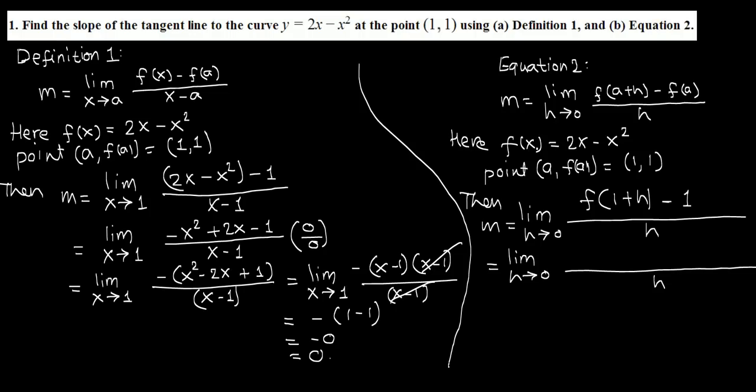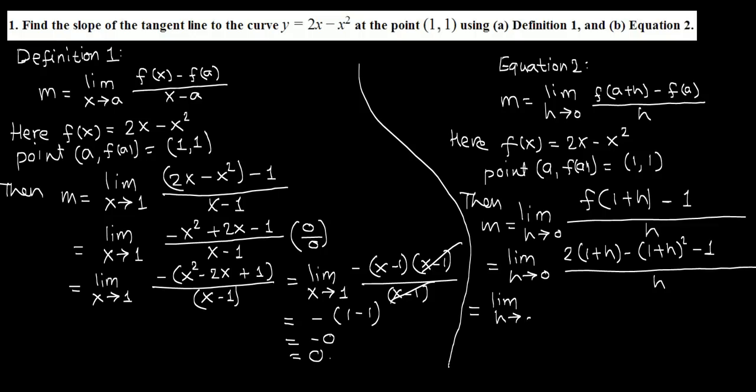We know f at any input x, f(x), is given by 2 times that input minus that input squared. f of anything is equal to 2 times that thing minus that thing squared. So f of 1 plus h would be 2 times (1 plus h) minus (1 plus h) quantity squared, and minus 1. Now we want to simplify the top.